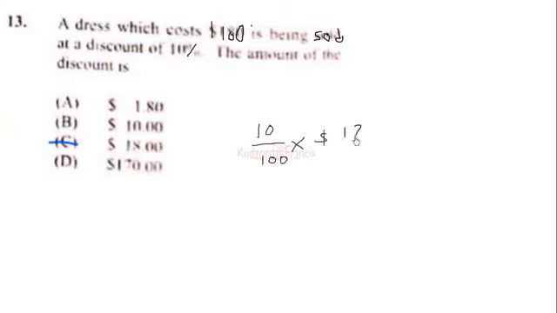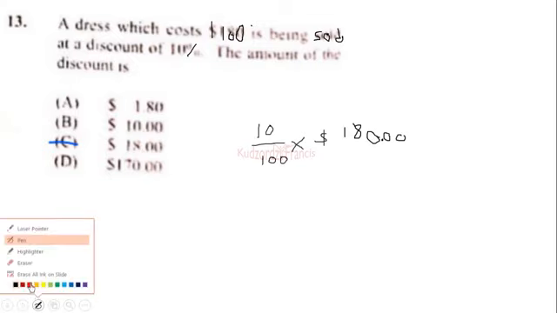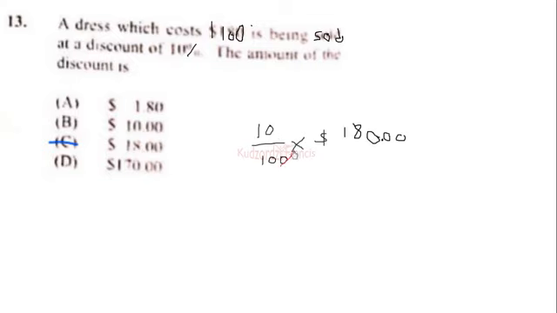So $180.00, so there's a point here. Let's simplify this. 100 goes here. Okay, let's go step by step. This caters for this.